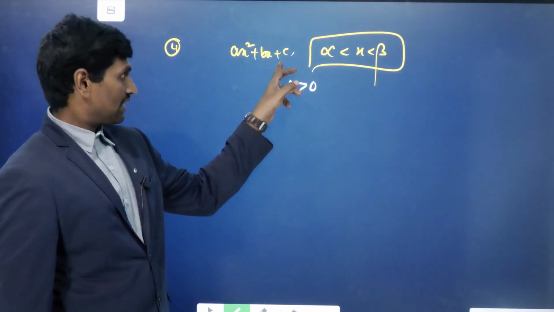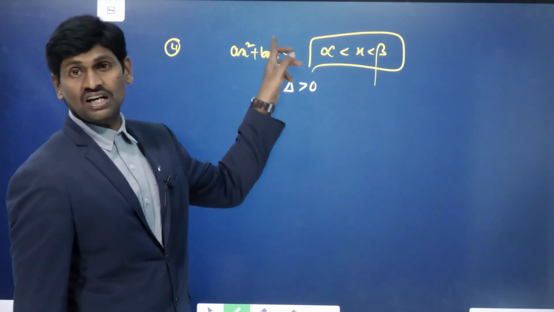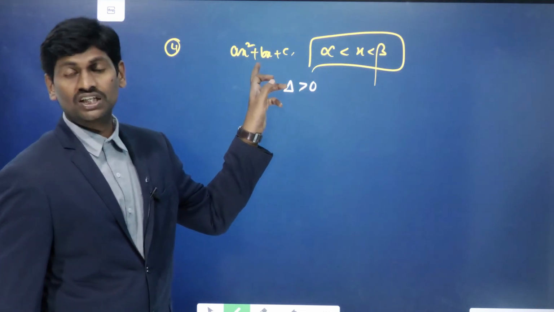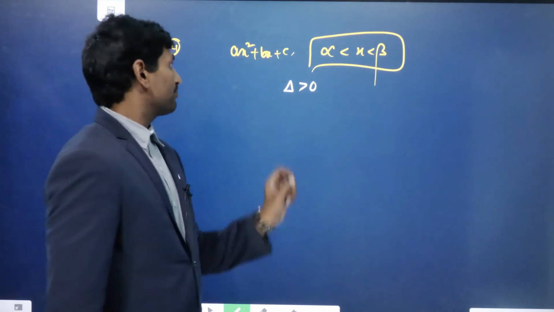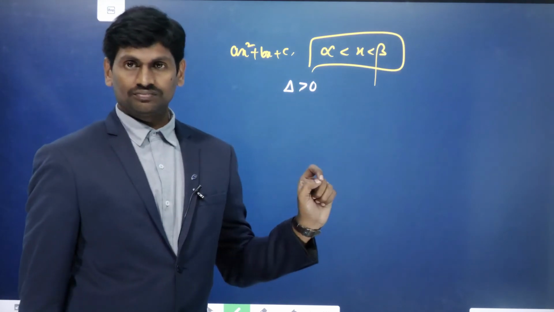That means the expression and the a value, the x square coefficient, must have opposite signs.